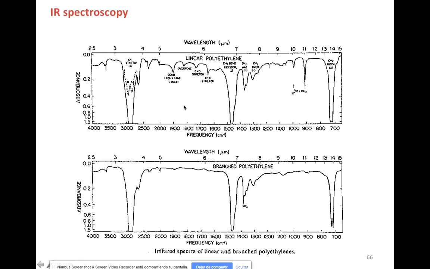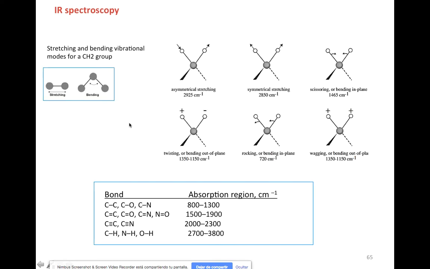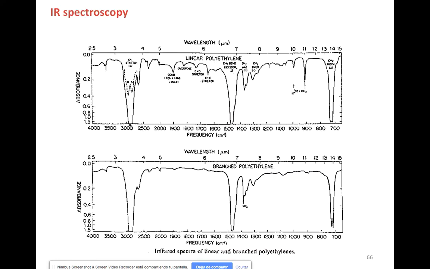These two spectra show polyethylene, but one of them is linear and the other is branched. In general, you can see that the main bands are shown in both spectra, as you see at 2950 or 2925 centimeters to the minus 1.